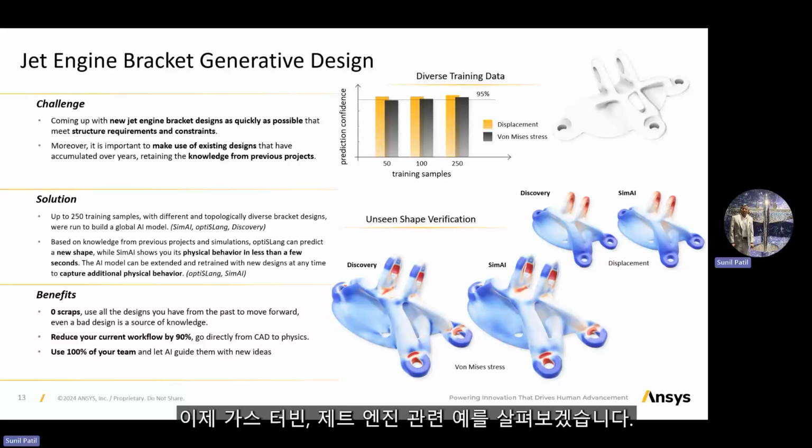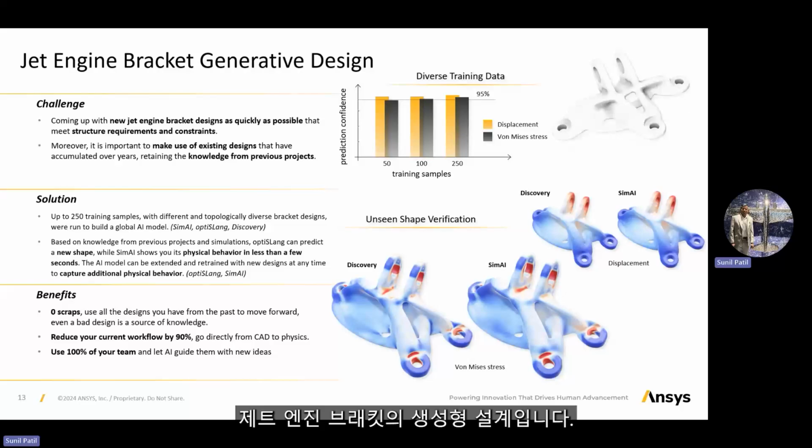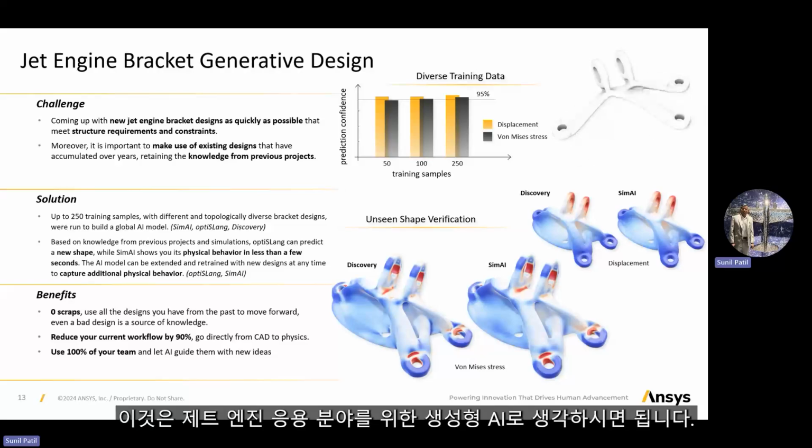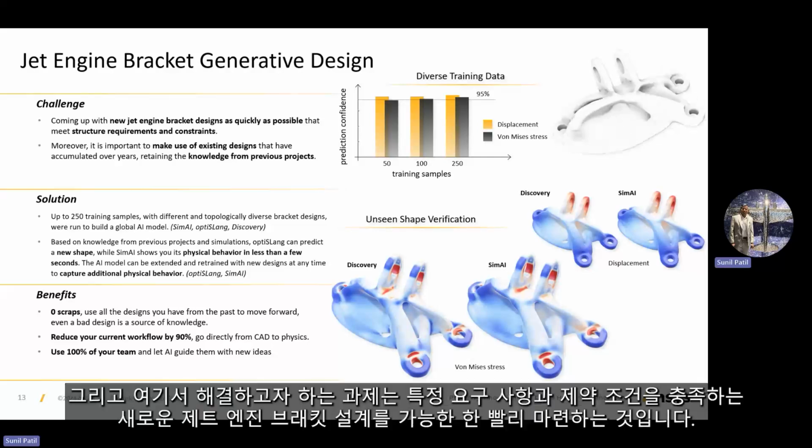So with that, let me cover a few gas turbine jet engine related examples. This is a jet engine bracket generative design. So one can think of this as a generative AI for the jet engine applications. The challenge we are trying to address here is coming up with a new jet engine bracket design as quickly as possible to meet specific requirements and constraints.